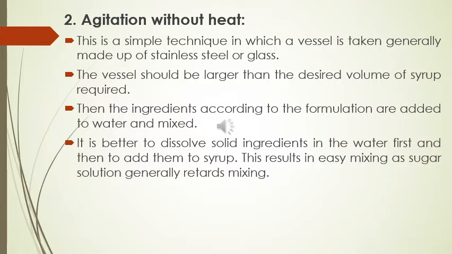Now, this particular method, that is dissolving the solid ingredients in water and then adding it to the syrup, results in easy mixing, as a sugar solution generally retards mixing. So once we have a proper mix of all the ingredients in water, and this aqueous solution is added to syrup, this will help in proper mixing of all the ingredients in the syrup solution.